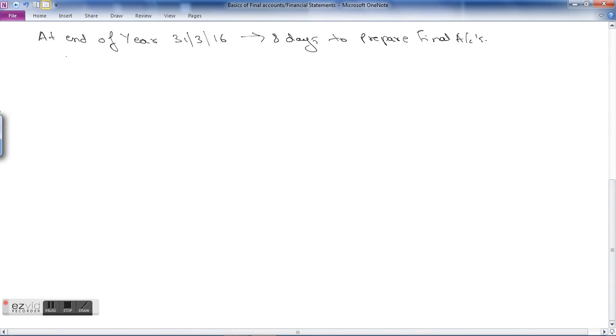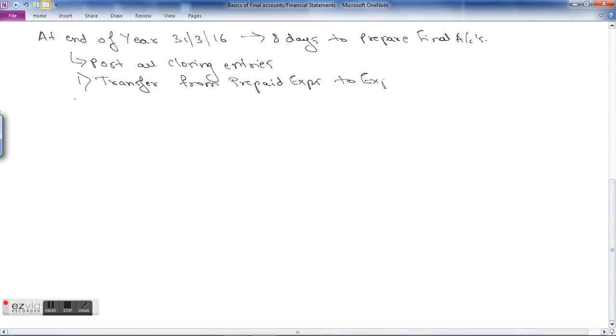Practically we will post all the closing entries. Now what are the closing entries? Closing entries will include the transfer from prepaid expenses to expenses entry, or vice versa. If there are prepaid expenses which need to be recognized, you will post that entry.